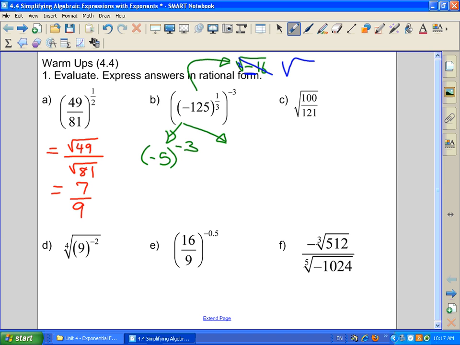But you can gladly take an odd root of a negative number. So the third root of -8, plug it in your calculator, folks, and you should get -2. Likewise, the third root of -125 equals -5. That's again just plugging it in your calculator to get that work.